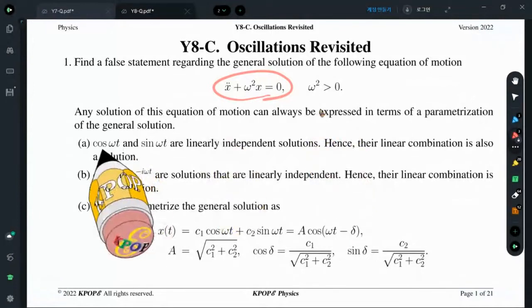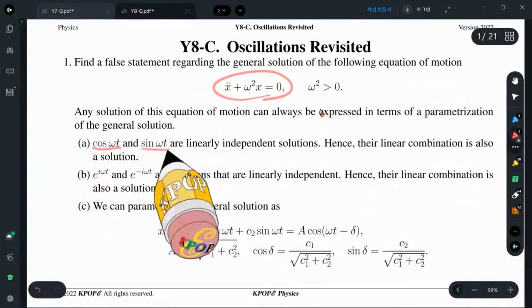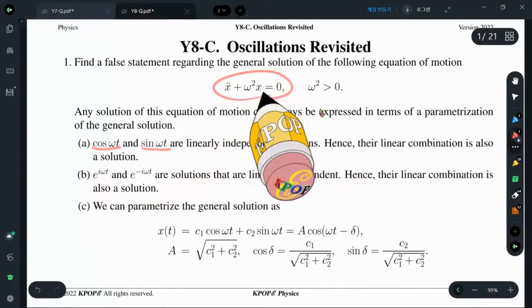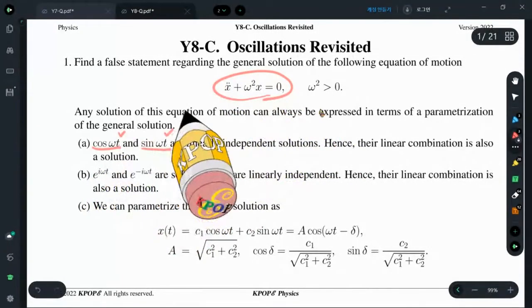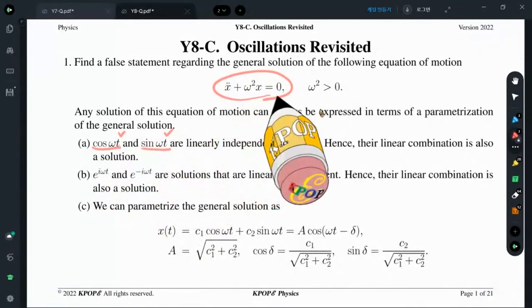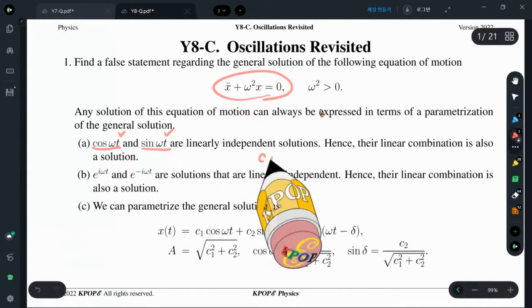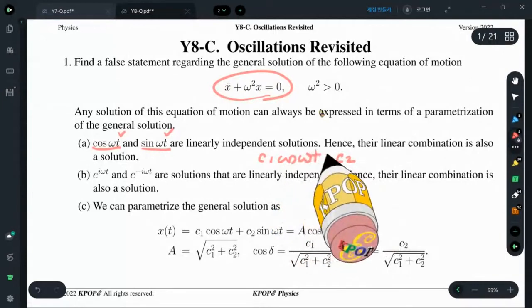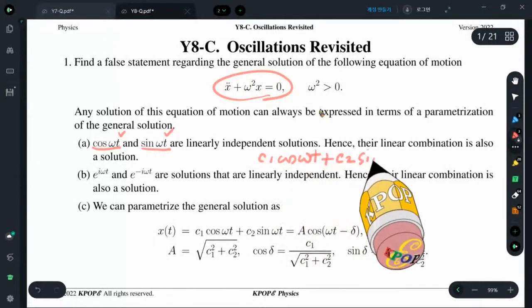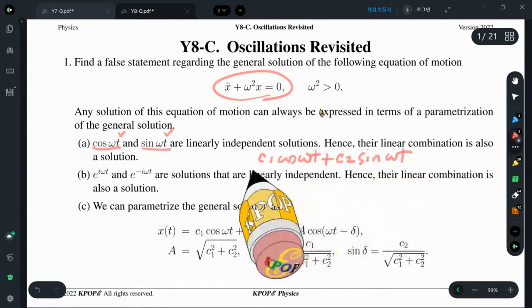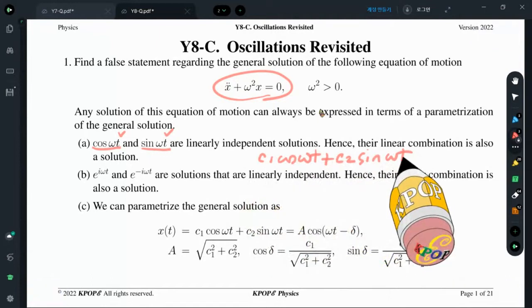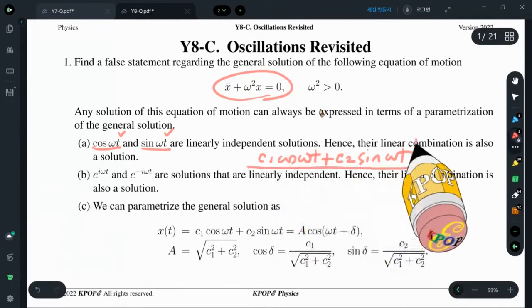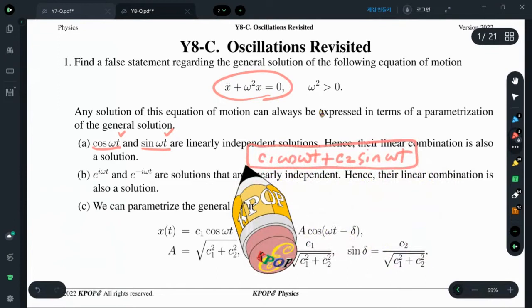If we substitute cosine omega t and sine omega t in this equation, we notice both of them satisfy this equation of motion. So C1, C2 arbitrary constants, C1 cosine omega t plus C2 sine omega t, that is a general solution. An arbitrary solution can be expressed in terms of this linear combination.